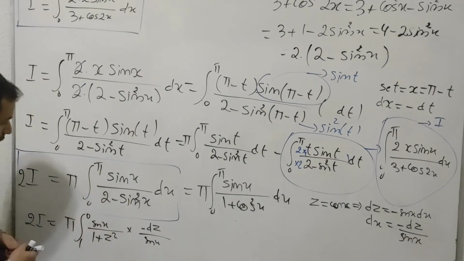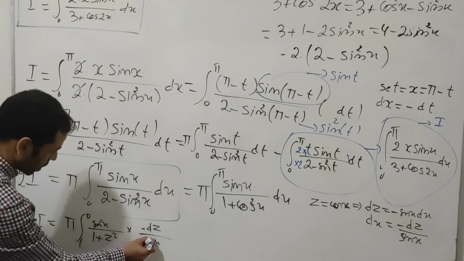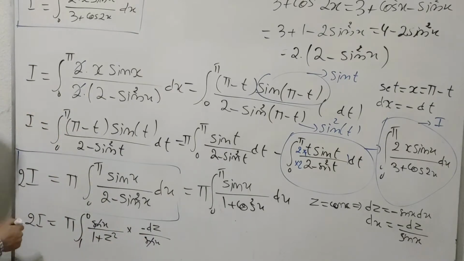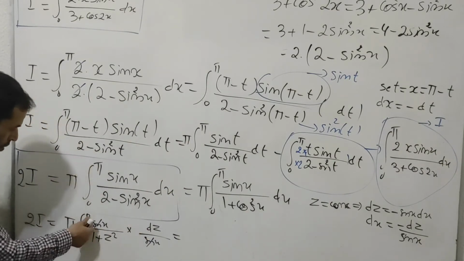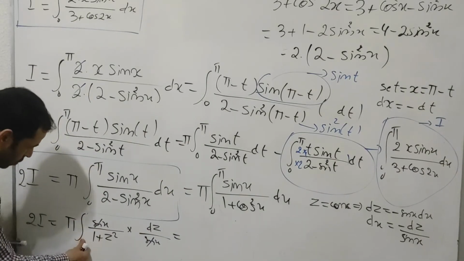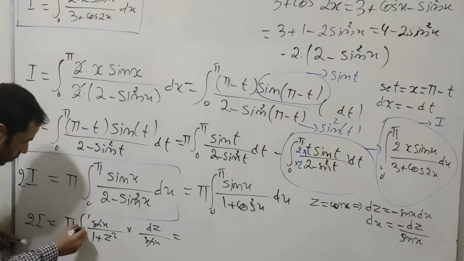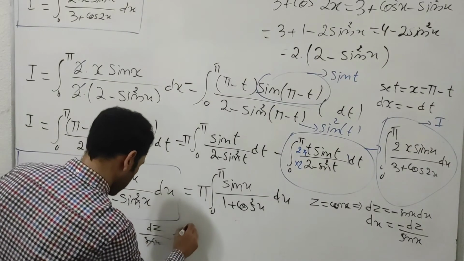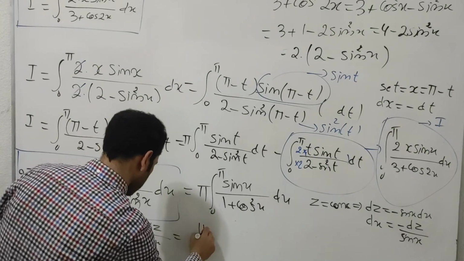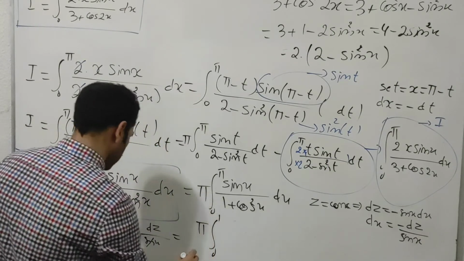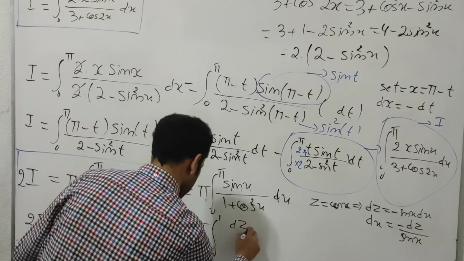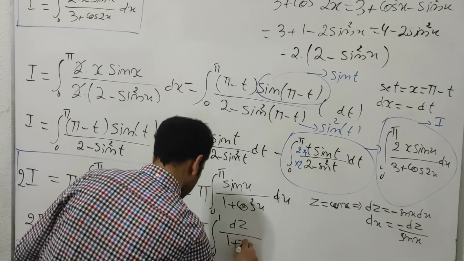We will have a nice cancellation here. Sine x will be cancelled out, and the minus sign will be cancelled out by flipping these bounds from 0 to 1. So we'll have the new integral: pi from 0 to 1 dz divided by 1 plus z square.